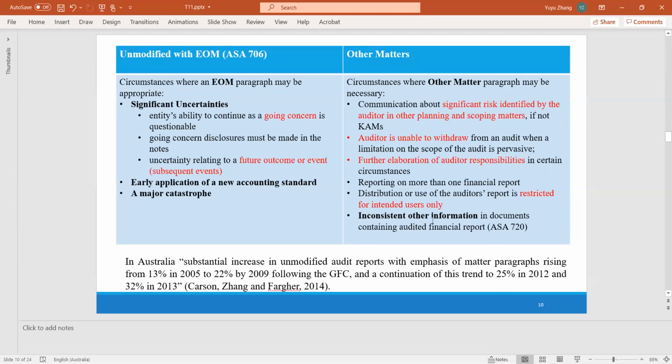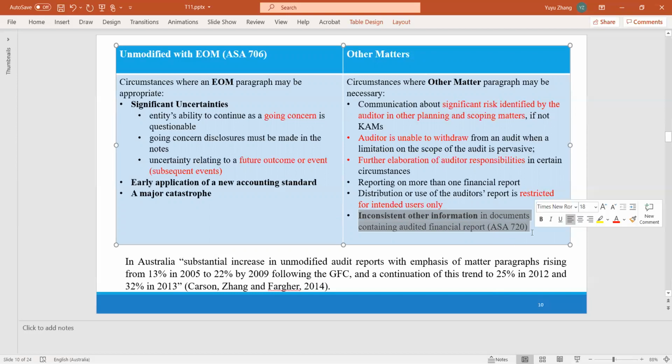Also, you can read this through. The one that often happens is inconsistent other information in the documents. So previously, before the adoption of the new auditing standards, this situation, the inconsistent information in the annual report, was previously included as emphasis of matter, but now it has been included in other matter paragraph.